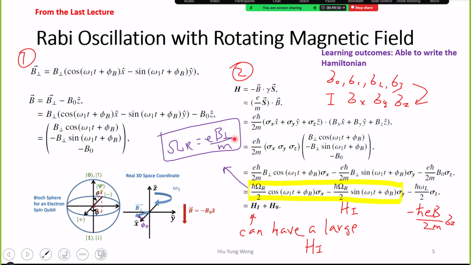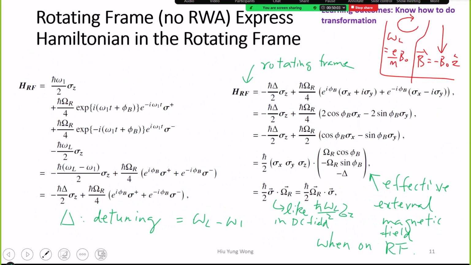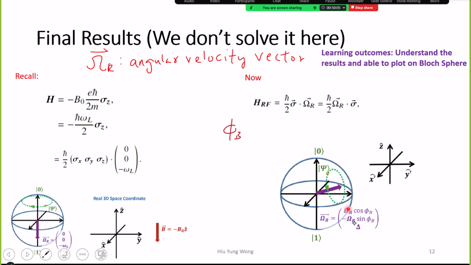The equation again. What is phi B? It's just the initial phase of your rotating magnetic field. So whether you start from this angle or that angle, right? Again, this is the initial phase.